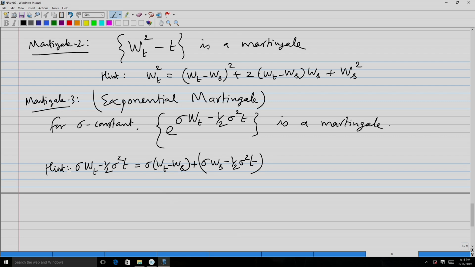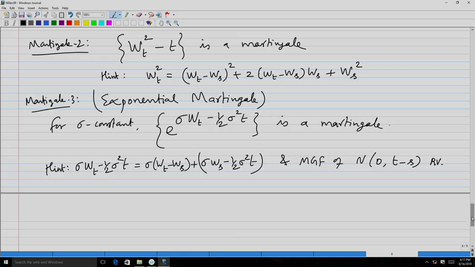Now, whenever you want to show this martingale property, this will be independent of Fs, this is Fs measurable, you can pick it up, and then this will become a simple expectation of e to the power sigma of this, for which you can use the MGF of a normal 0, t minus s random variable, right. We have already seen, if you use that expression, then you will be able to show that this is a martingale. So, this exponential martingale also will play a crucial role in the analysis when we go forward.